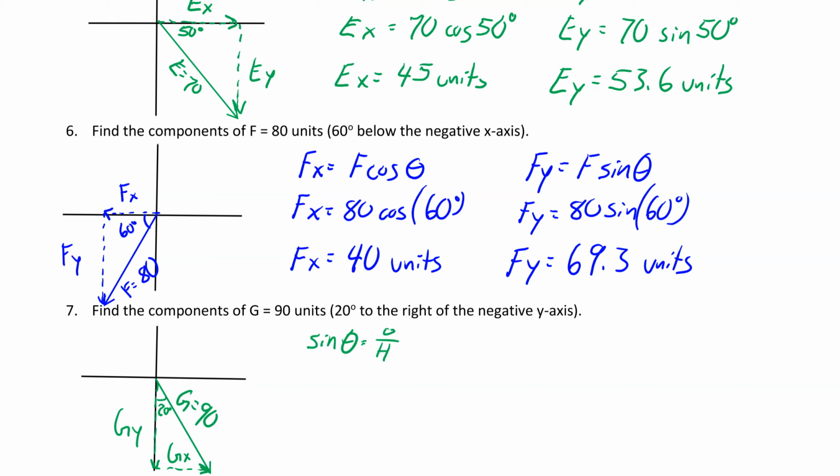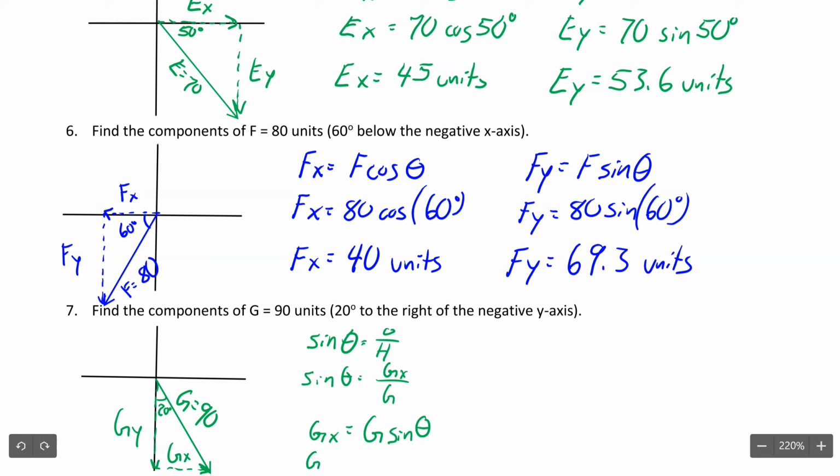Then we'll substitute in, and this time I'm going to substitute in the letters. Opposite over the hypotenuse. And we can cross multiply, and I'm basically deriving another equation for this particular scenario where it's G sine. If you really liked plugging in 90 sine 20 degrees right away, you can totally do that.